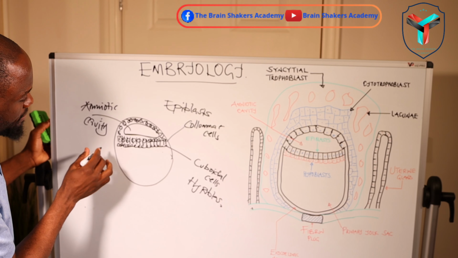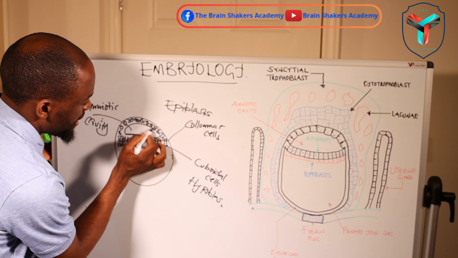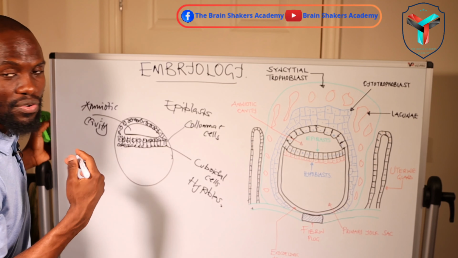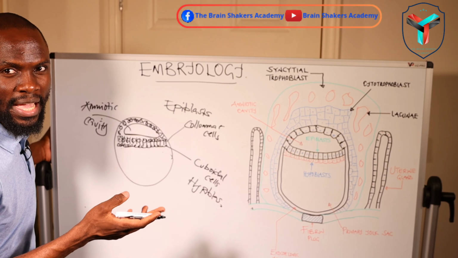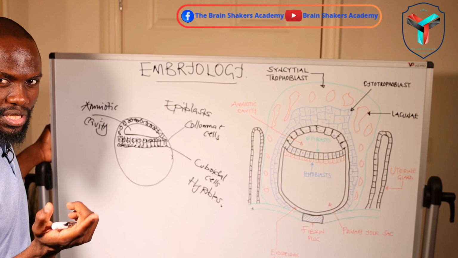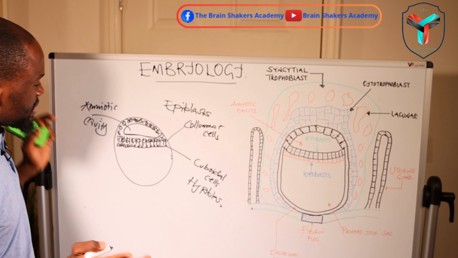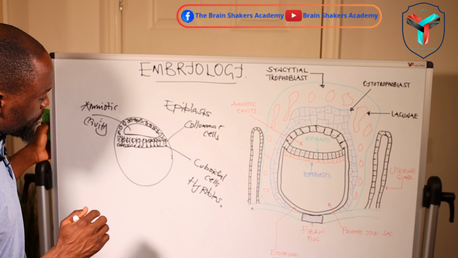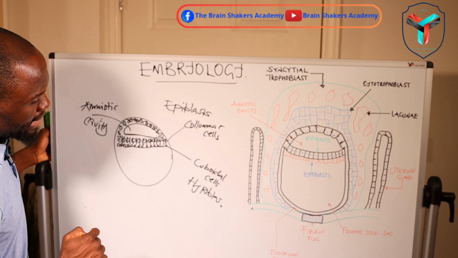These cells on the upper part are now referred to as amnioblasts. Amnioblasts are very cardinal in the production of amniotic fluid as well, which is the fluid that the baby is going to be in, which we call the liquor amnii.